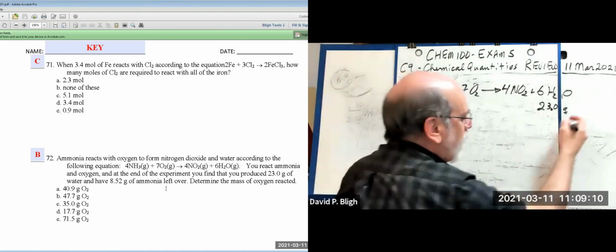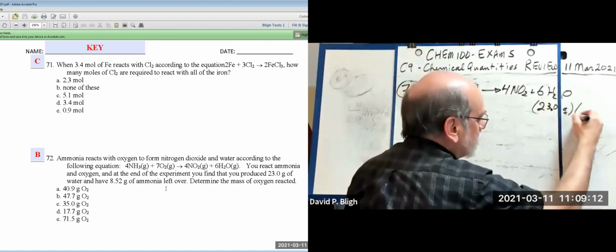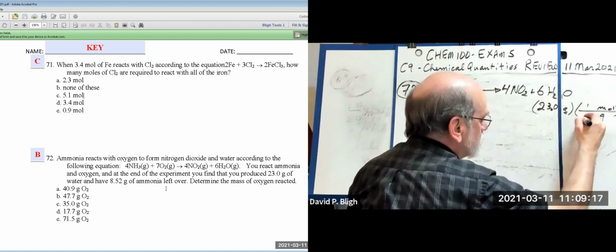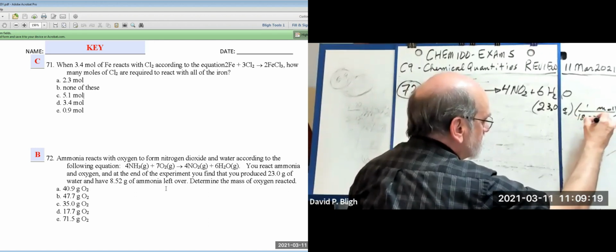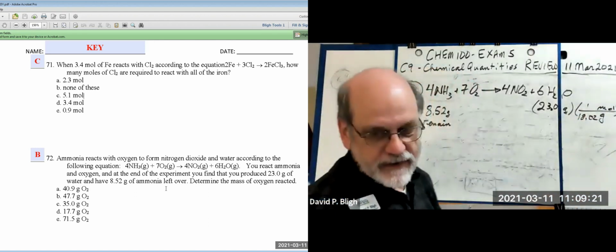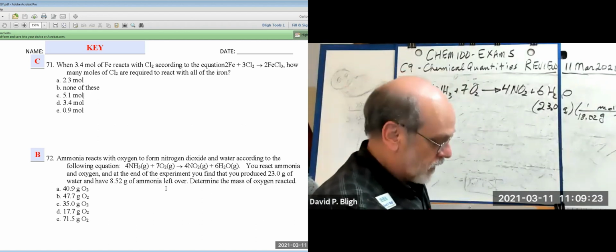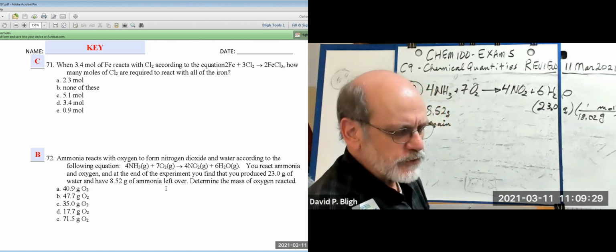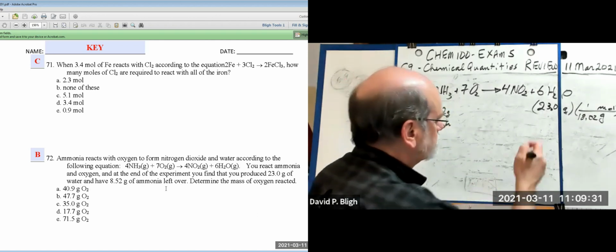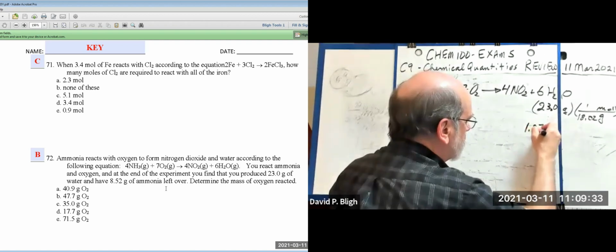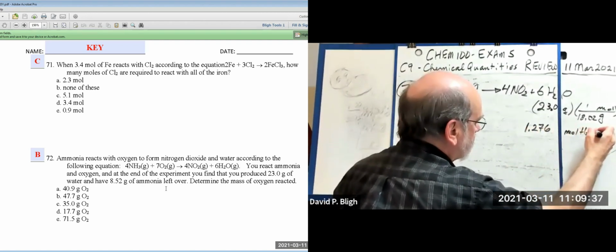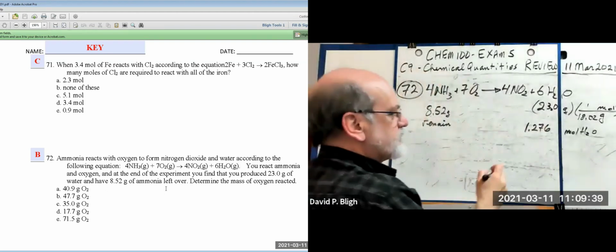23 grams of water converted to moles. 18.02 divided into 23 for water is 1.276. 1.276 moles of water. So how many moles of oxygen is that?